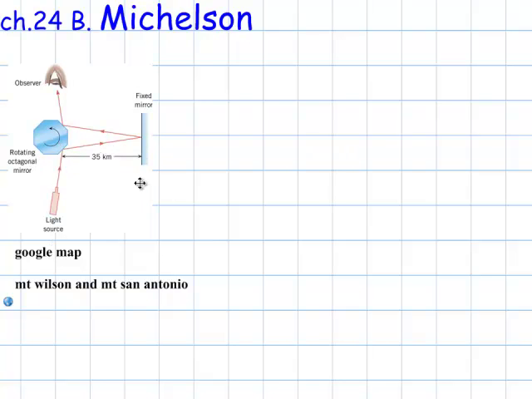All right, so let's see how this works. Here's the light source. It hits the mirror and is reflected to this fixed mirror on the other mountain, goes back to this octagonal mirror, and then hits the observer. Now, if this was not rotating, it would be straightforward. Turn the light source on, and you get it.